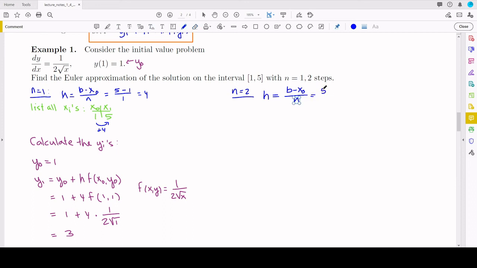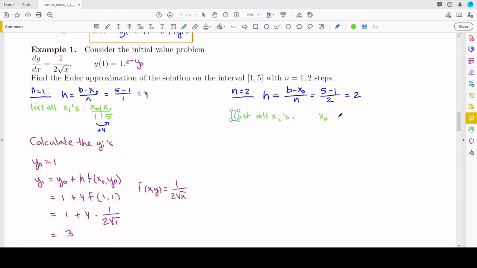And then we get 5 minus 1 over 2. And we see that our step size h is 2. Okay, now list all xi's.